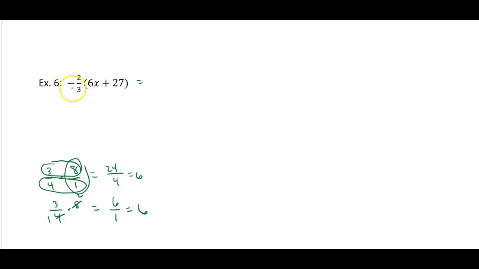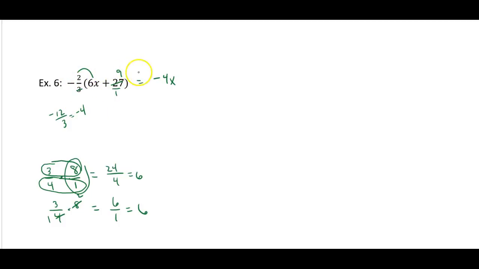So when I go to simplify this problem here, what I do is negative 2 times 6 is negative 12, and then negative 12 divided by 3 is negative 4. So I'm going to get negative 4x. Now, 2 times 27 is not hard. But if I notice here, is 27 divisible by 3? If I put that over 1, 27 divided by 3 is 9.